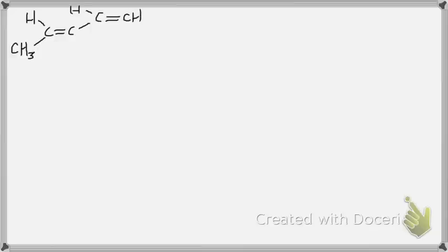Two more examples here. Now in this molecule, we have 2 double bonds. It's a diene. But only one double bond can adopt the E/Z configuration. Why?